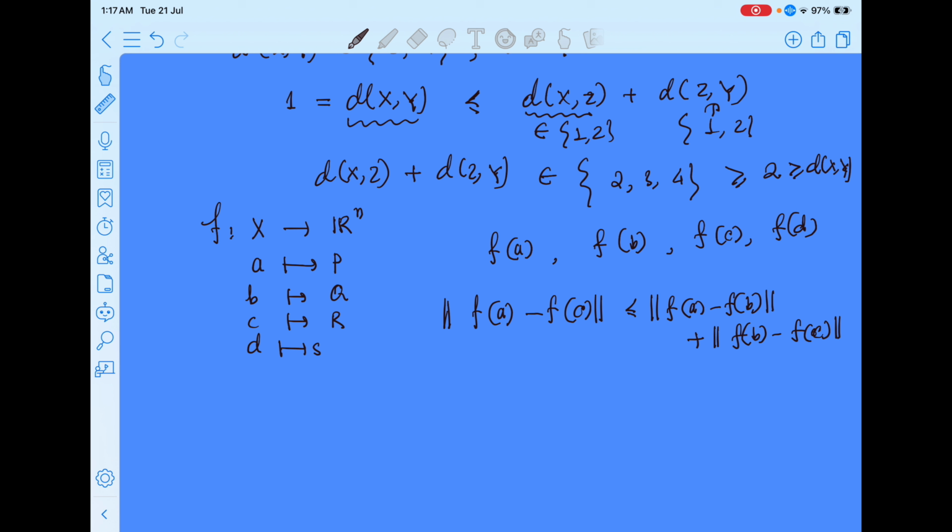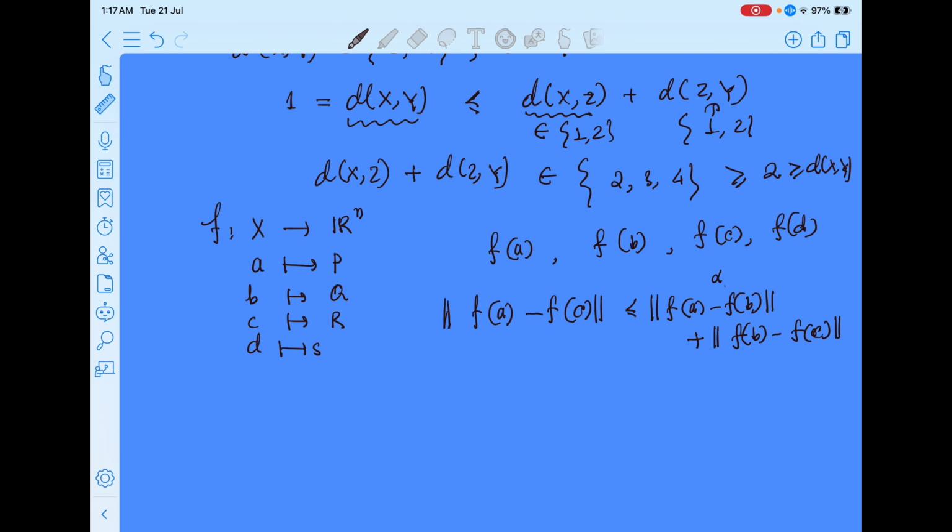If you read the linear algebra chapter on inner product spaces or normed linear spaces, you will see this type of inequality. This is called the Cauchy inequality.